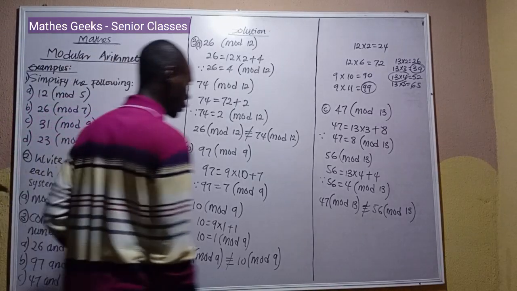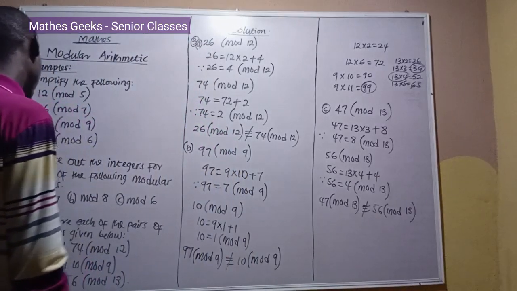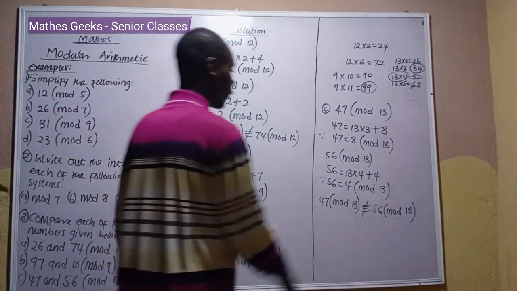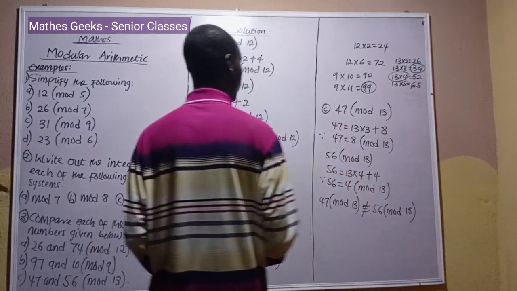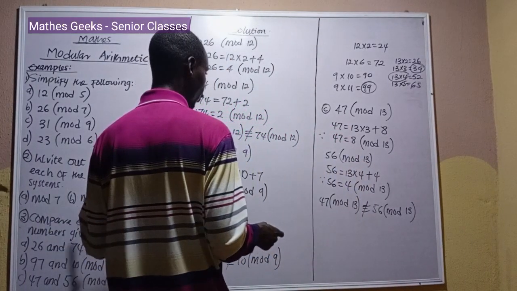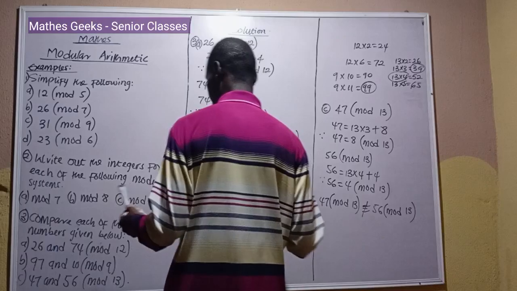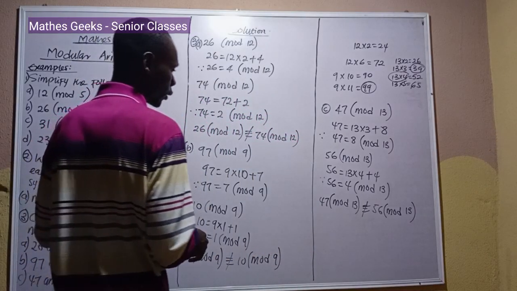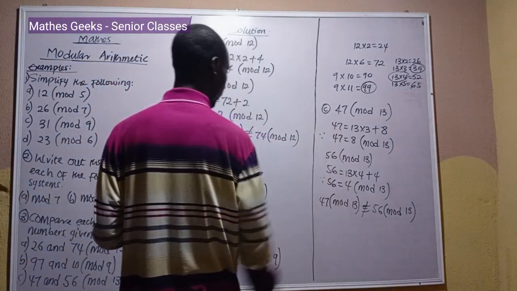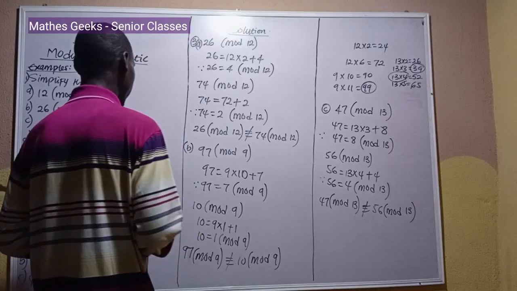So in the examples that we treated just now, we discovered that none of them is equivalent to the other. But in a situation where you compare and the remainders are the same, that is a situation of equivalence.